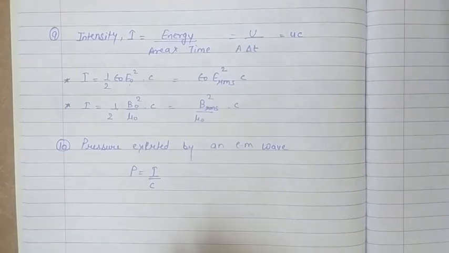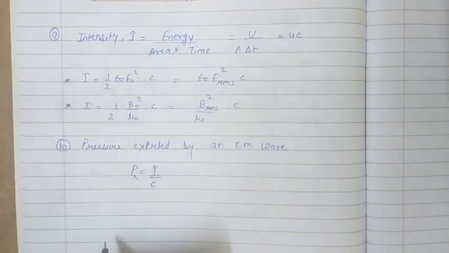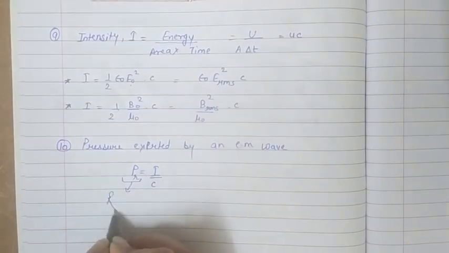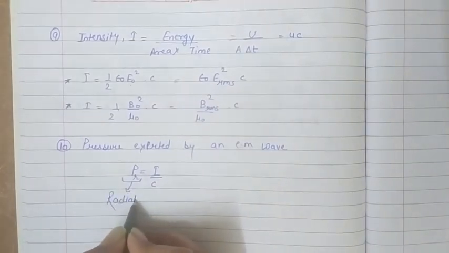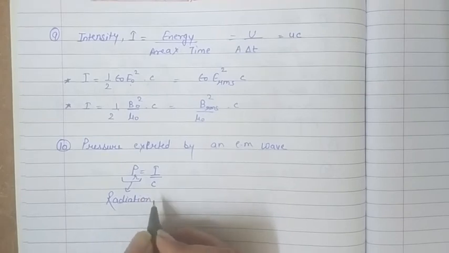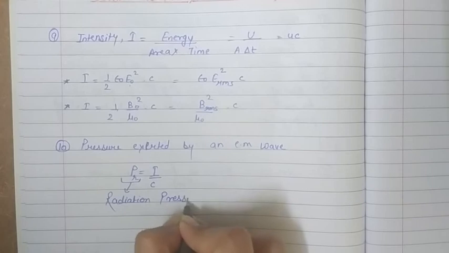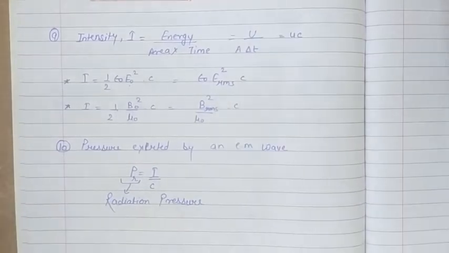Since this is the pressure of the radiation, sometimes we also call it radiation pressure and denote it as P R, because electromagnetic waves are exerting this pressure. So this is radiation pressure and its value is I upon c.